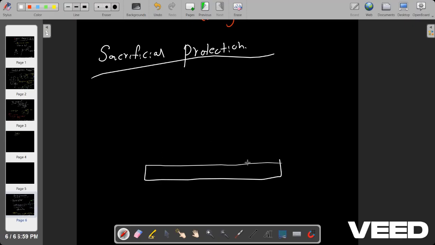Here, what they do is connect it through a metal wire to a more reactive metal.